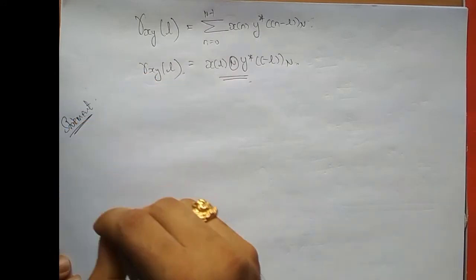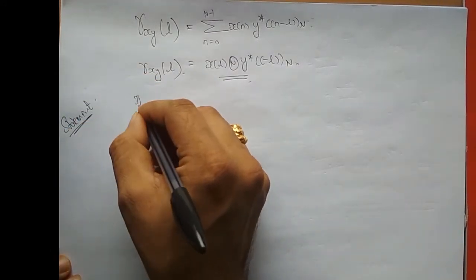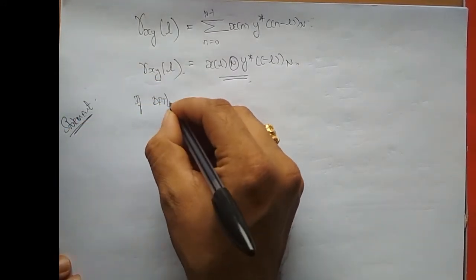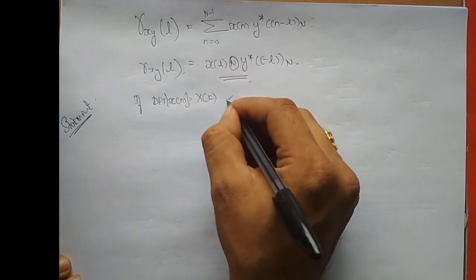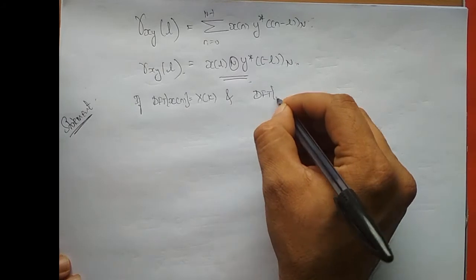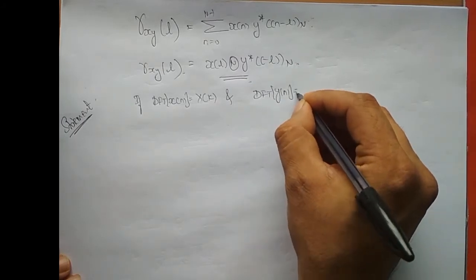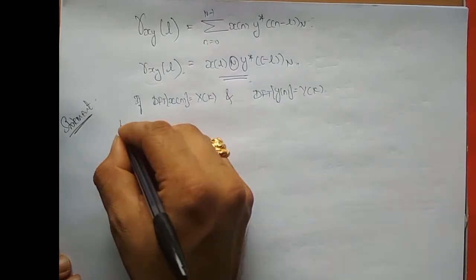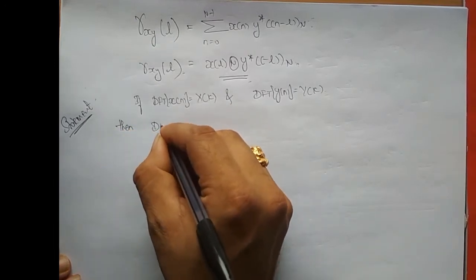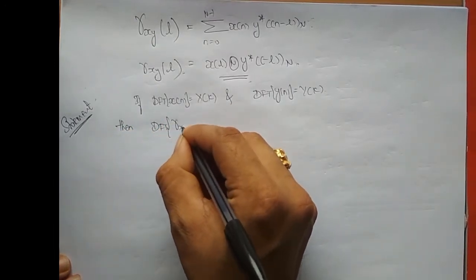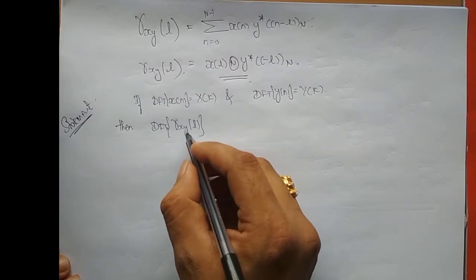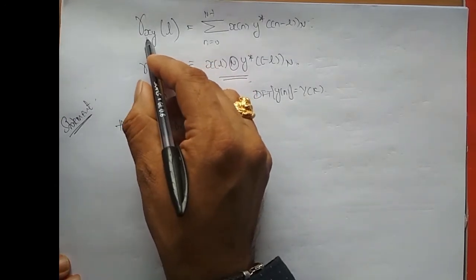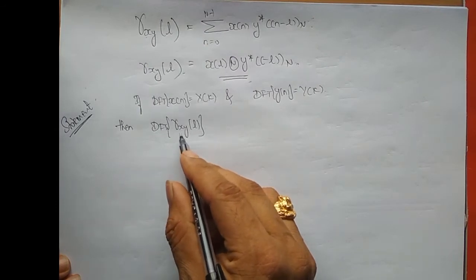Now the statement for the correlation property says that if the DFT of x of n is equal to X of k and the DFT of y of n is equal to Y of k, then the DFT of Rxy of L is what? This is nothing but cross correlation, because I have x and y, two different signals, so we call it cross correlation.